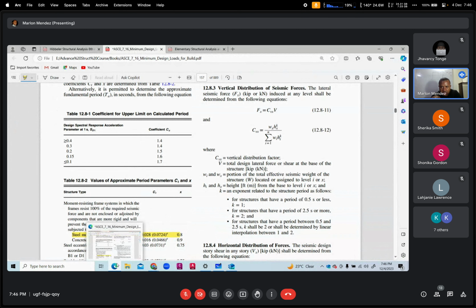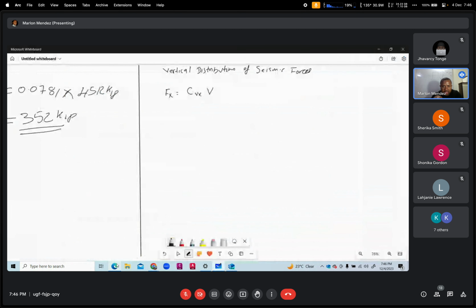In order to find the vertical distribution factor, we apply a formula that is given.